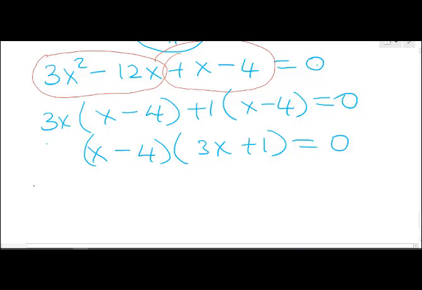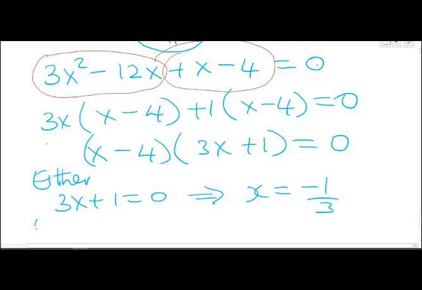I'll make the first choice, hence it will mean that my first answer, divide both sides by x minus 4, I'm left with 3x plus 1 is equal to 0, and this one will simply tell me that my x is equal to minus 1 over 3. My second option, I divide both sides by 3x plus 1, and that one will tell me that x minus 4 is equal to 0, which directly implies to me that my x is equal to 4.